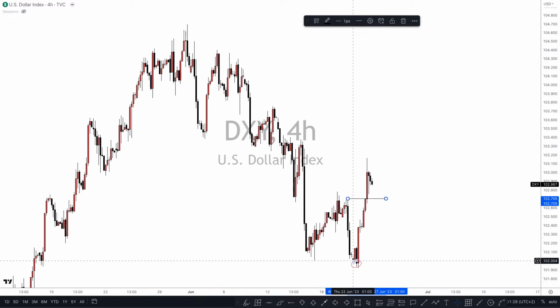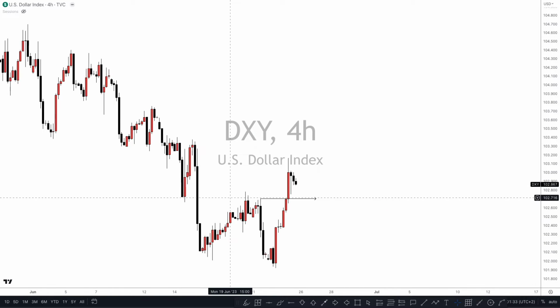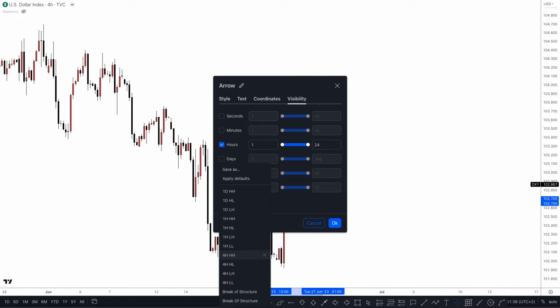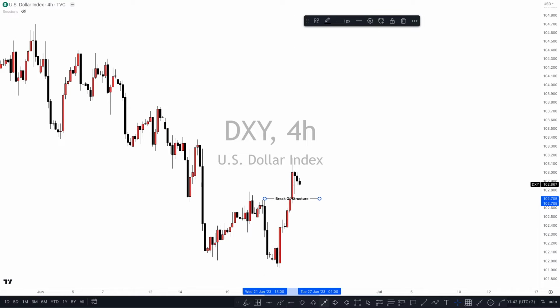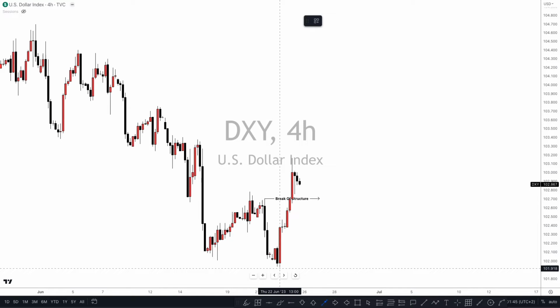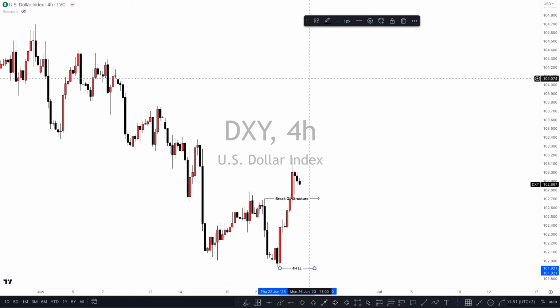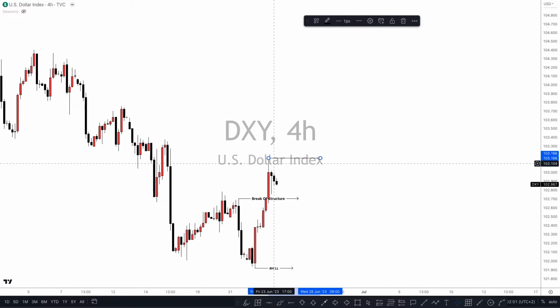And with that being said, if that was our lower high, then price's change of structure. I'm also gonna be using my break of structure right here. This was my low, this was my first lower low, but this now is my high, so that you can understand where price is.